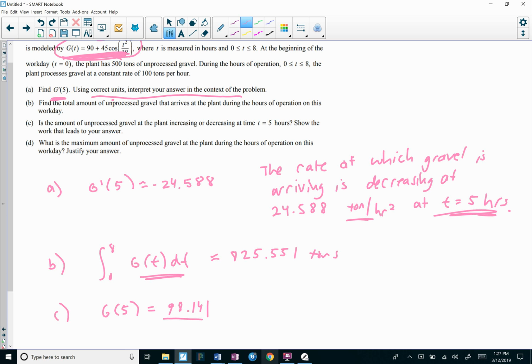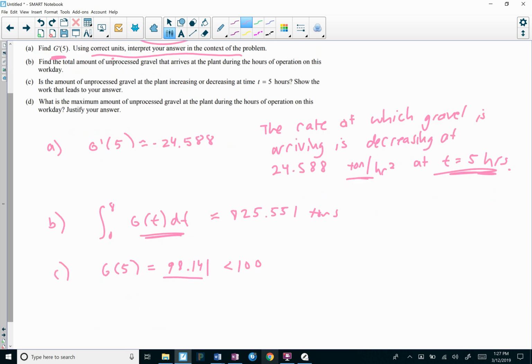But it also says the plant processes the gravel at 100 tons per hour. So since this is less than 100, it's arriving less than you are processing.